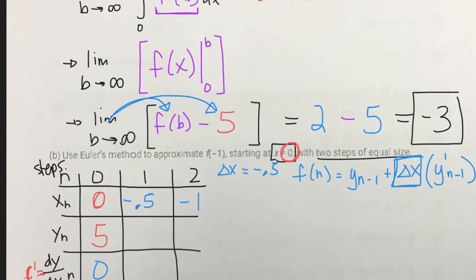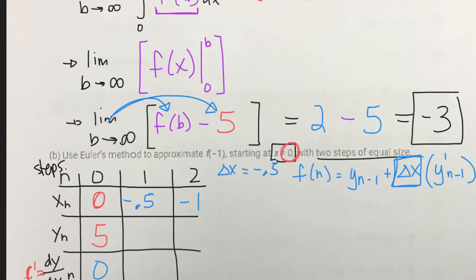That's our step size. We're starting at 0, going to negative 1, and doing 2 steps to get there. If we did 4 steps, then it would be a quarter, 0.25, 0.5, 0.75 to negative 1. So that's your delta x, the change in your x values every single step.